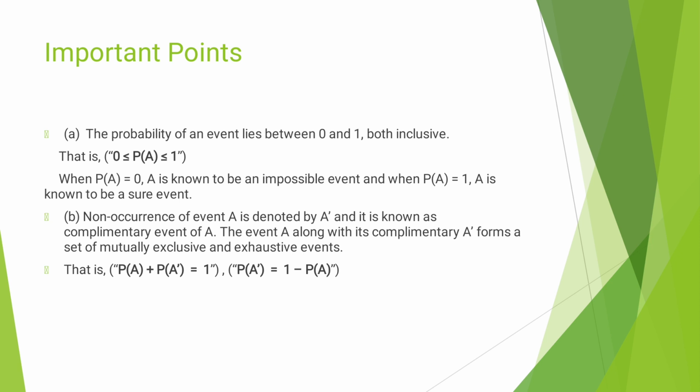B. The non-occurrence of event A is denoted by A complement, and it is known as the complementary event of A. The event A along with its complement forms a set of mutually exclusive and exhaustive events, that is P(A) + P(A complement) = 1, so P(A complement) = 1 − P(A).